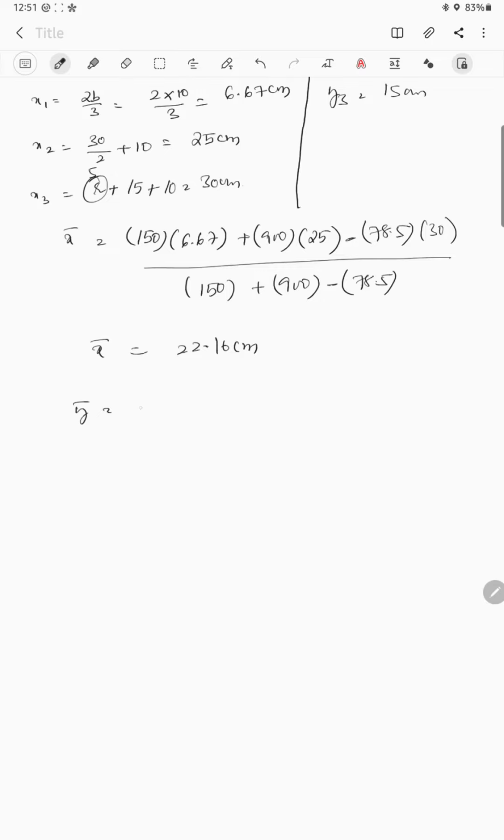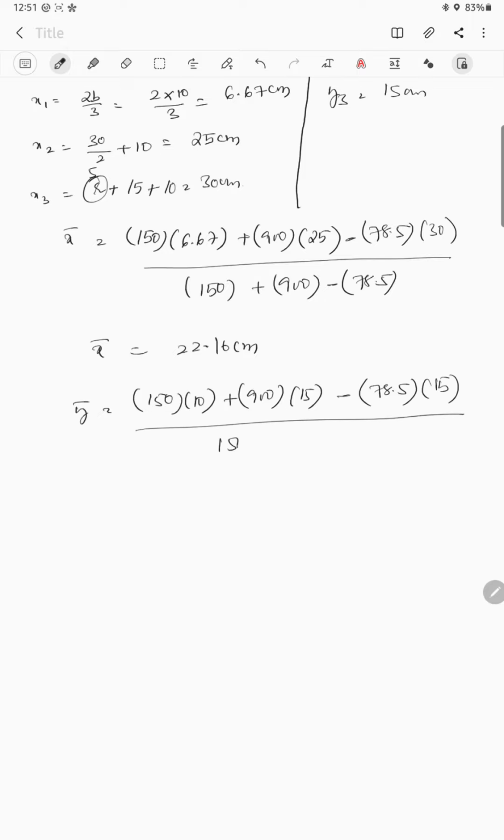Similarly, y bar is equal to A1 y1 and so on. The formula is there already. So we'll take 150 into 10 plus 900 into 15 minus 78.5 into 15, whole divided by again the same 150 plus 900 minus 78.5.